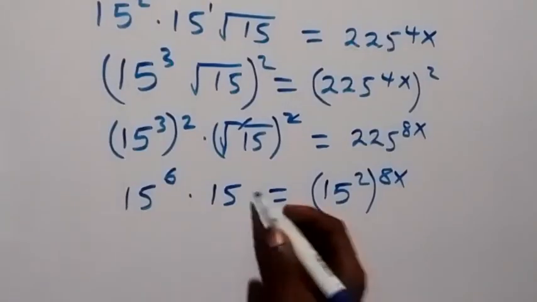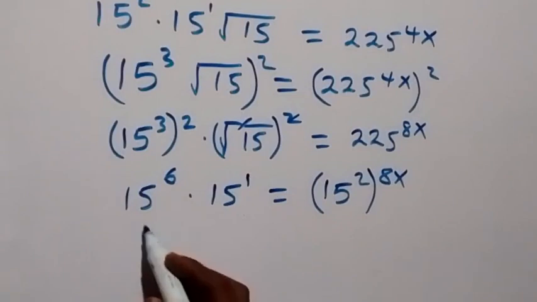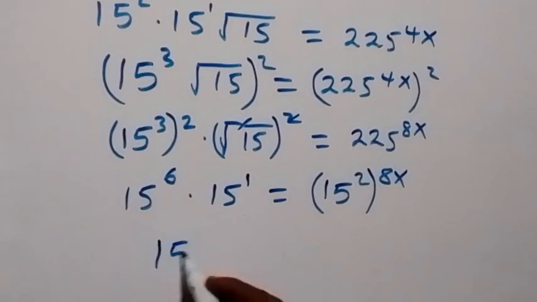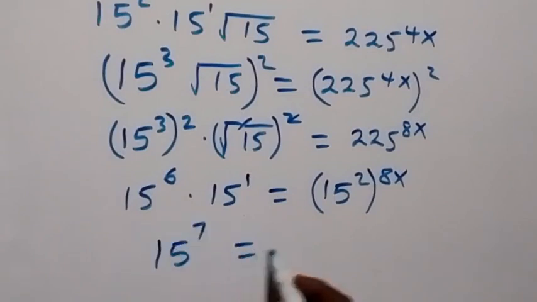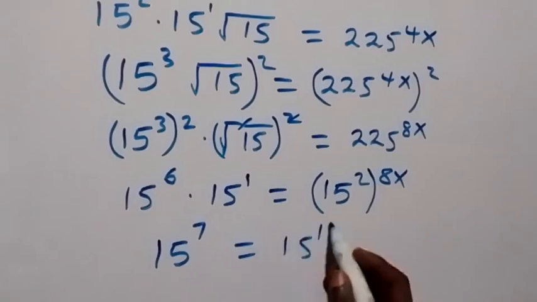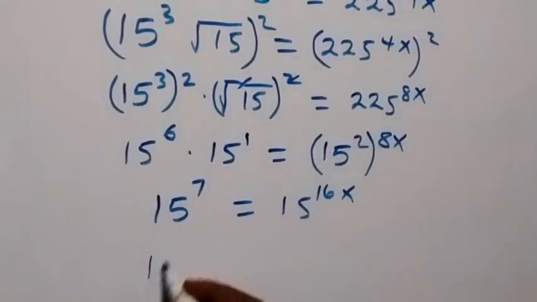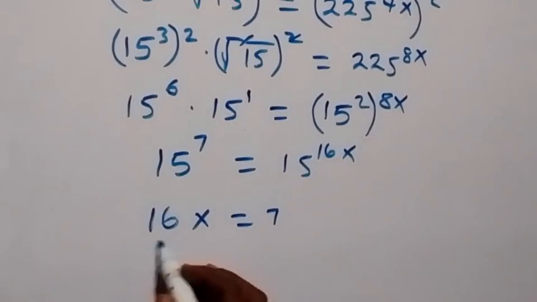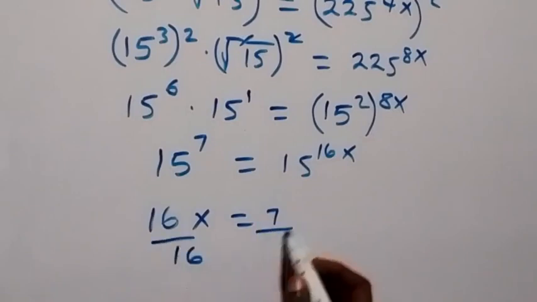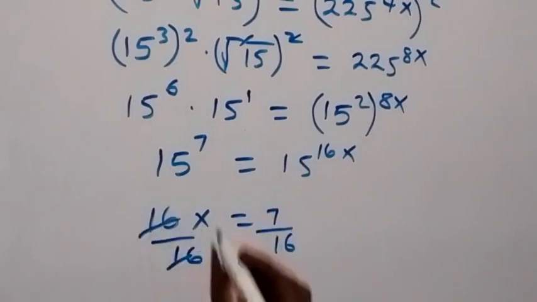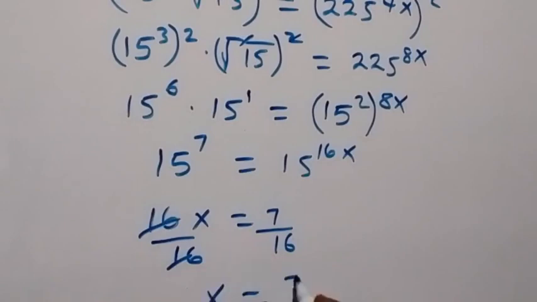Then this is 15 raised to power 1, and this becomes 15 raised to power 7 here, which equals 15 raised to power 16x. Then we have the same base here, we can equate the powers, and that gives us 16x equals 7. And when we divide both sides by 16, the 16 cancels out, and x equals 7 over 16.